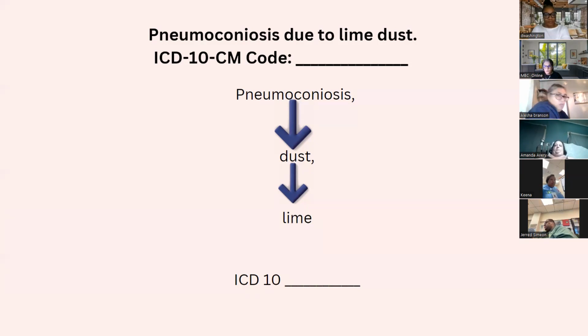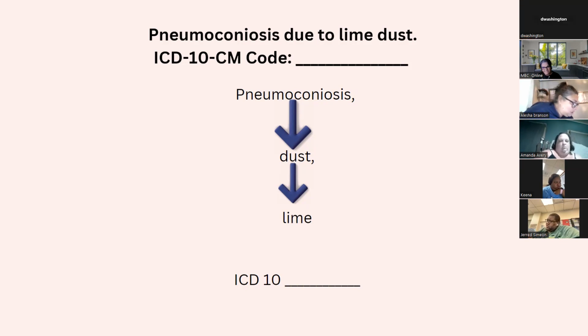All right, can you read us what the description says? Okay, so J62.8 says pneumoconiosis due to other dust containing silica.